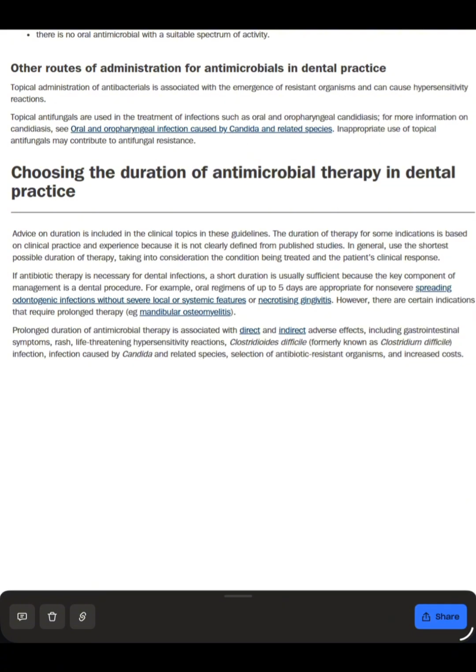If antibiotic therapy is necessary for dental infection, a short duration is usually sufficient because the key component of management is a dental procedure. For example, oral regimens of up to 5 days are appropriate for non-severe spreading odontogenic infection without severe local or systemic features, or necrotizing gingivitis.